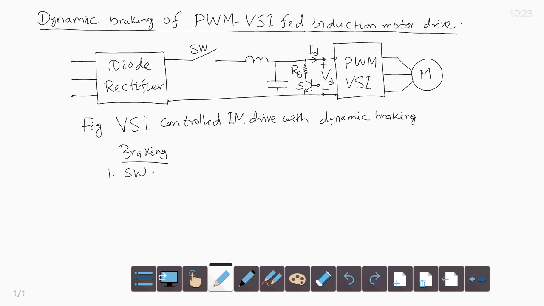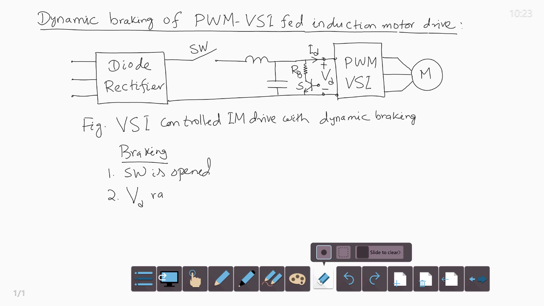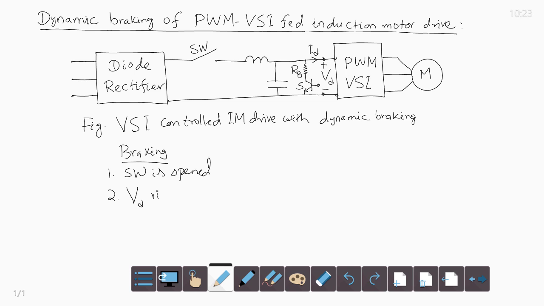As switch SW is opened, the regenerated energy from the VSI flows into the DC link and DC link capacitor voltage rises. VD rises as the capacitance gets charged.